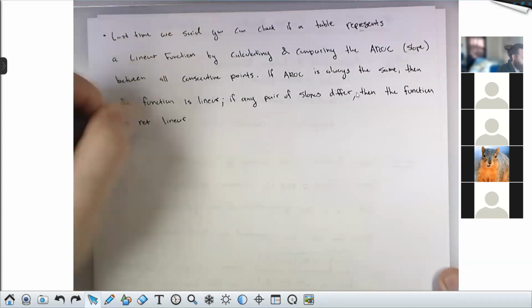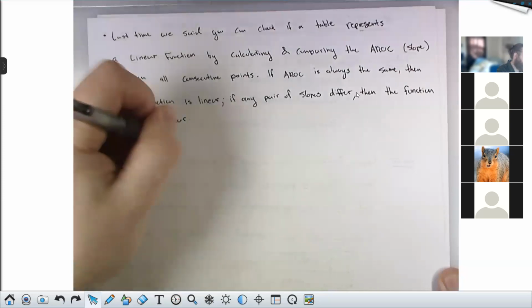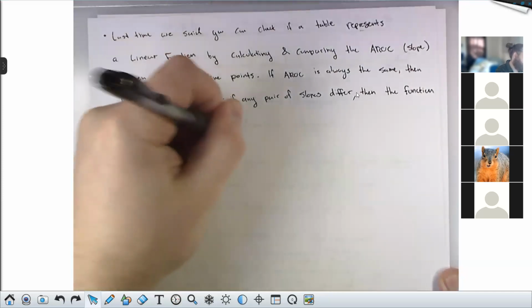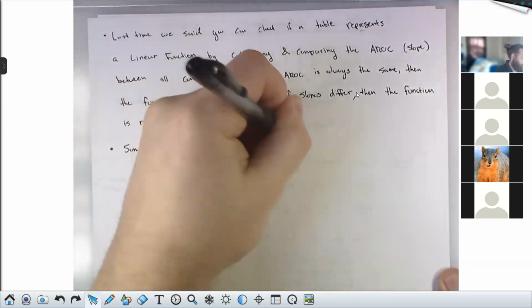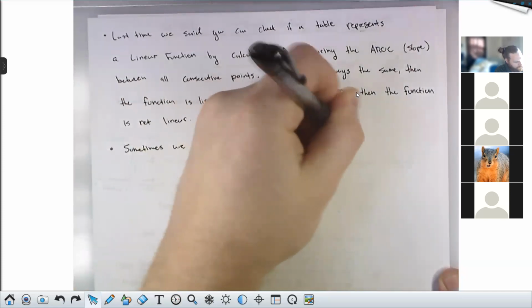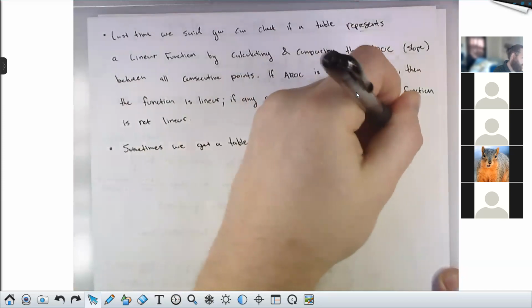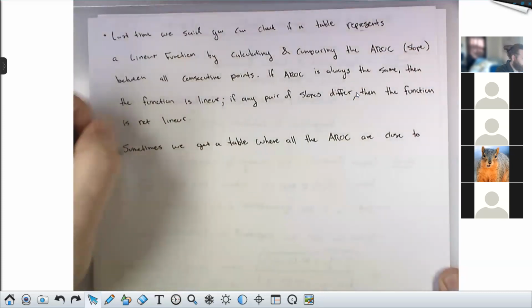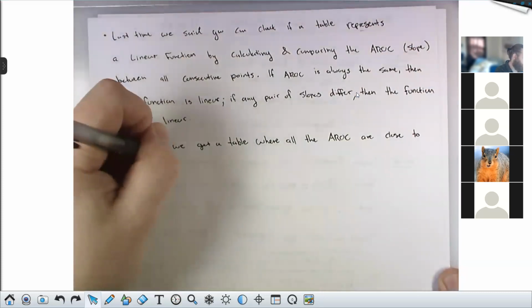What I'm going to say here is sometimes we get a table where all the average rates of change are close to one another, are close to constant, but not quite.